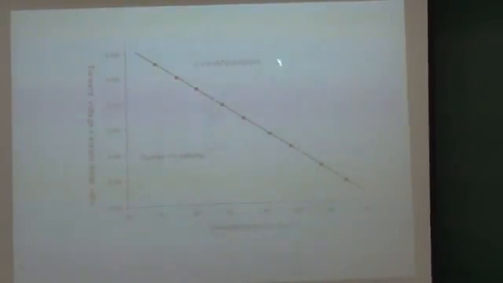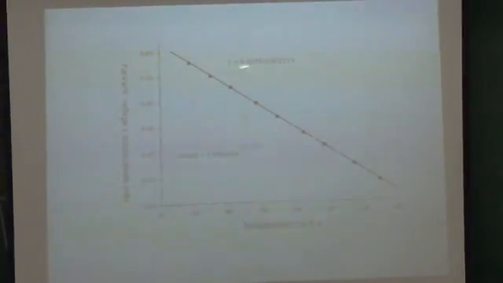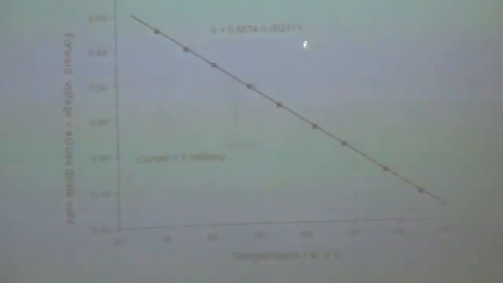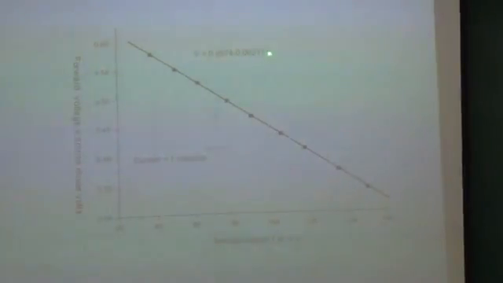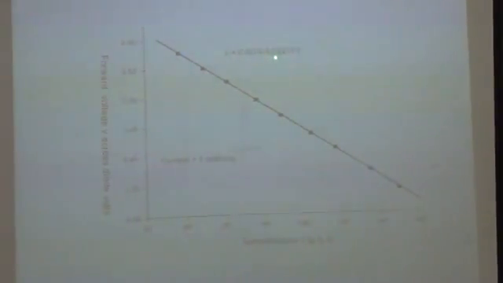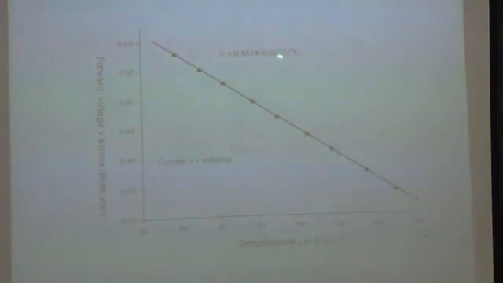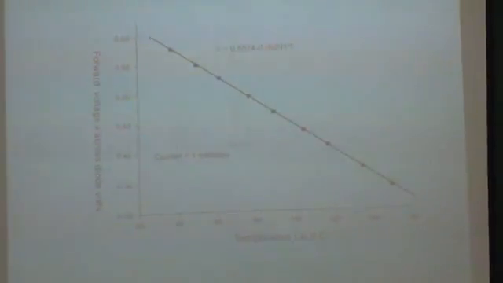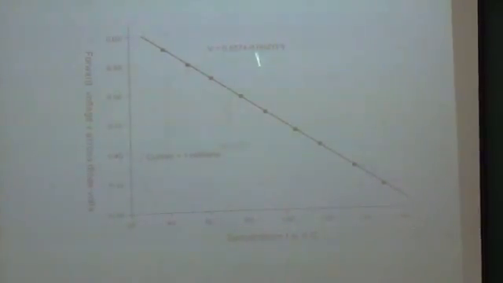So you fit a graph here. You can check from here that for every 1 degree change in T, the change in V is minus 0.0021, roughly 2.1 millivolts, because readings are in volts. So it confirms the theory that I showed you earlier.